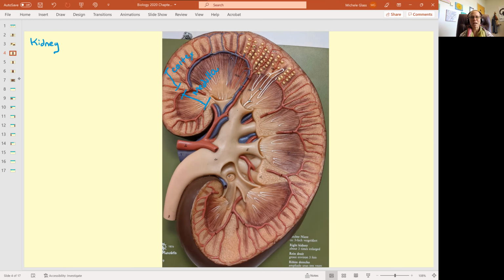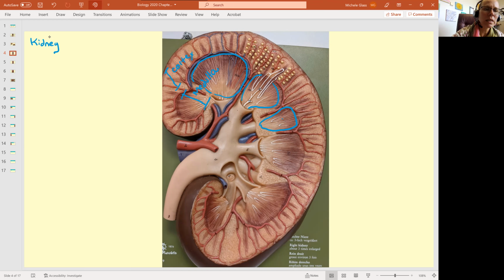Now, as we look at the medulla, or we can call it the renal medulla, meaning the inside of the kidney, we'll see that we can identify these triangular shaped structures inside the medulla. And we talk about each one of these as a pyramid or renal pyramid.